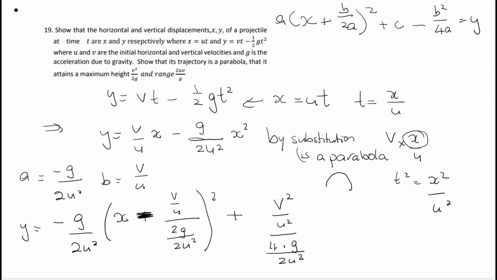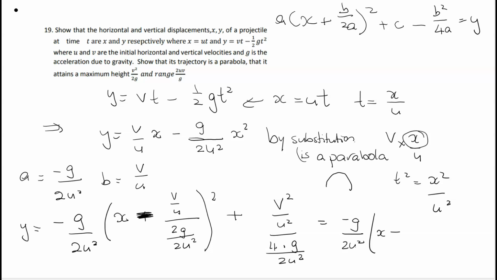So that's equal to negative g over 2u squared times x. Now for the cancellation, we're going to flip the bottom fraction, so it's going to be 2u squared over 2g.